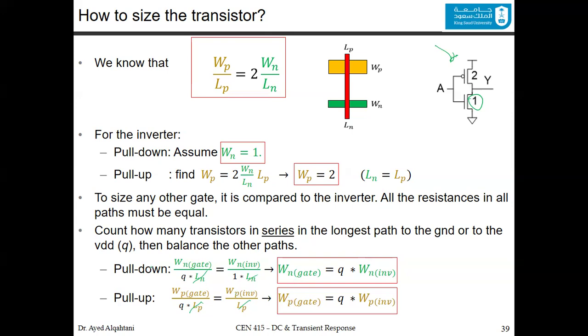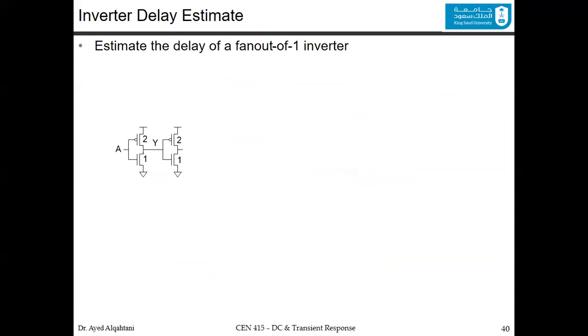So you compare the pull down to the pull down of the inverter. You compare the pull up with the pull up of the inverter. But remember, the ratio is 1 to 2. We will try to apply these rules, and we will do it in a quicker way with more examples throughout the class. So let's start with this very simple example.